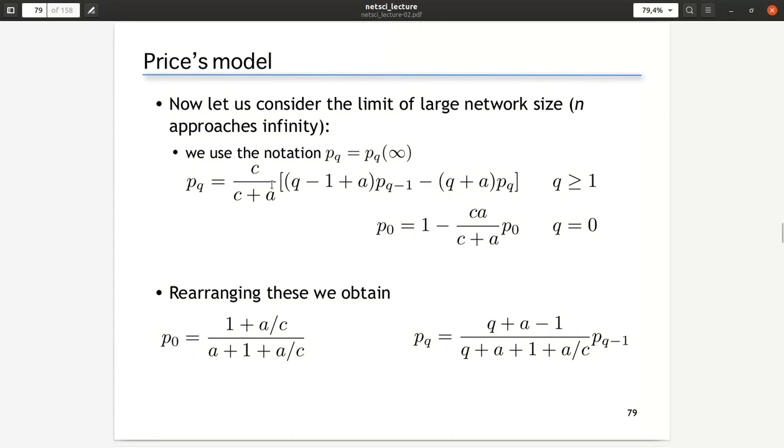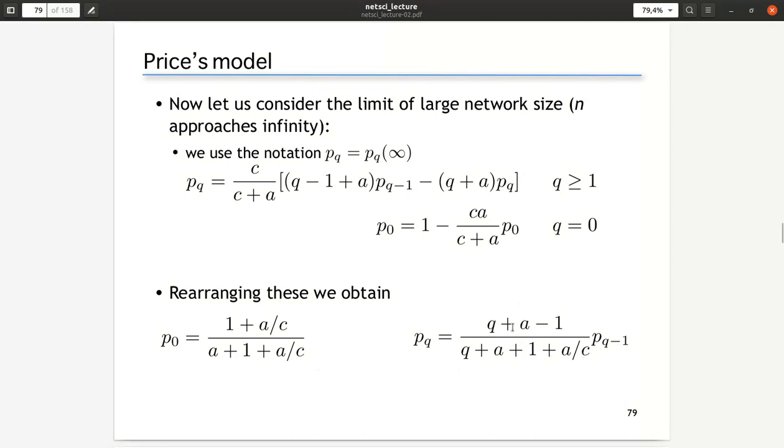This is the simplified, nicer version of the formula from the previous slide. Without giving the full details, if we rearrange these two formulas, we get this for p_0, and for p_q we get this nice one here.